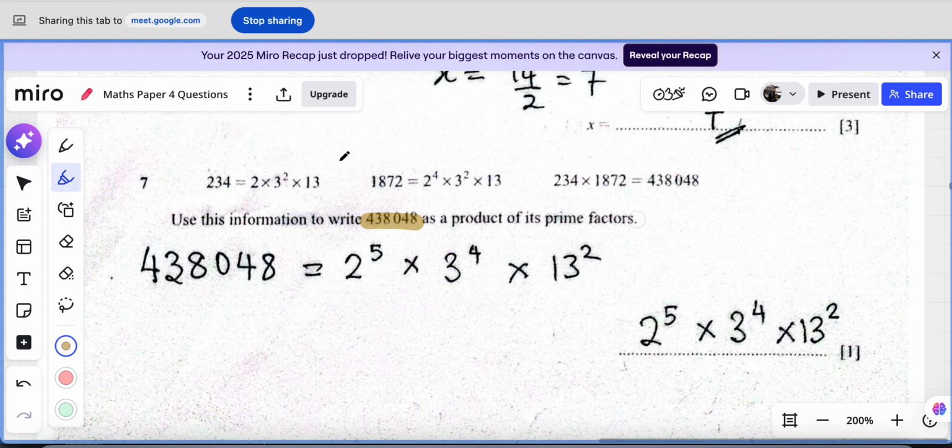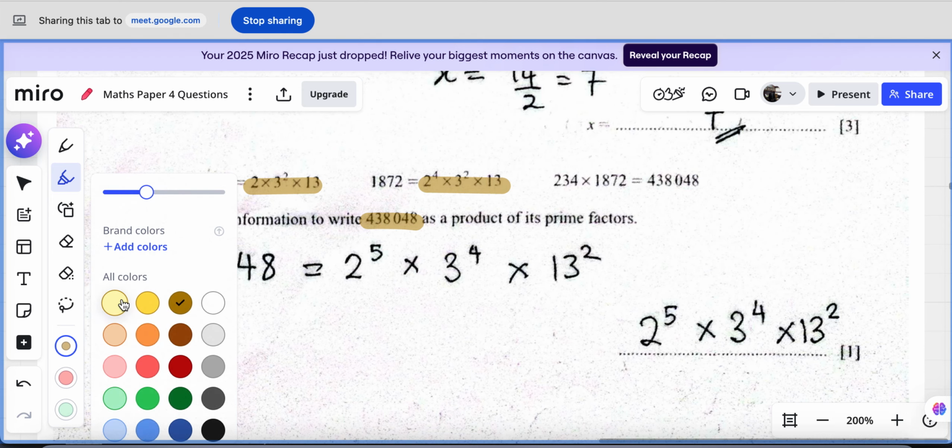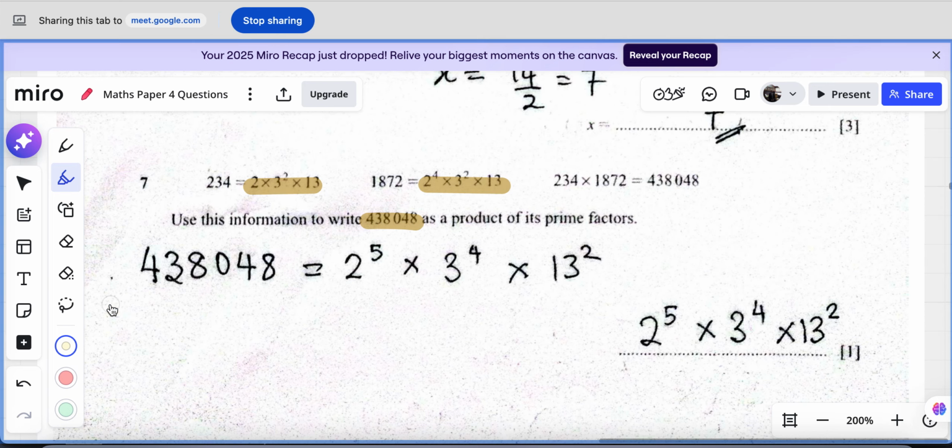This is so easy. We just take the whole of this and the whole of this, and we join the ones that are similar. Here we already have 2 to the power of 4, and here we have only 2, and ordinary 2 means 2 to the power of 1.